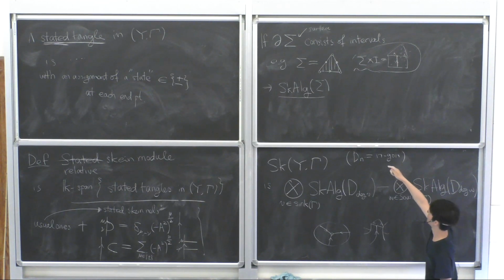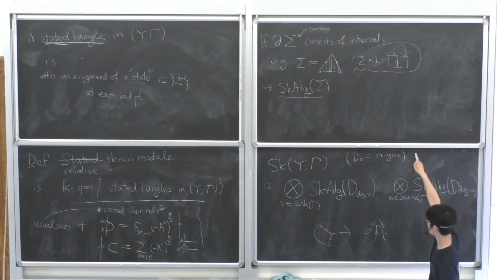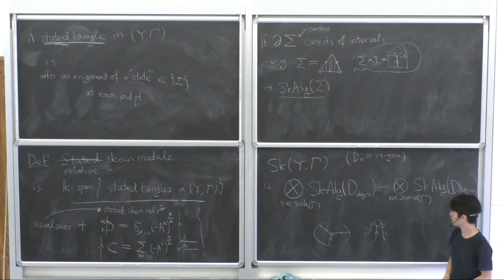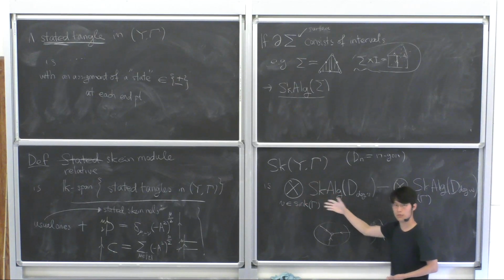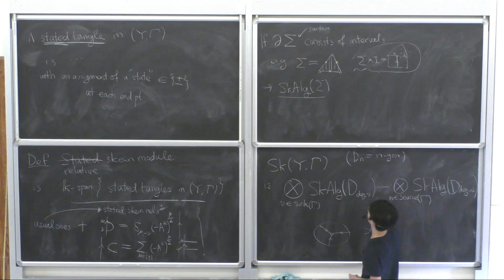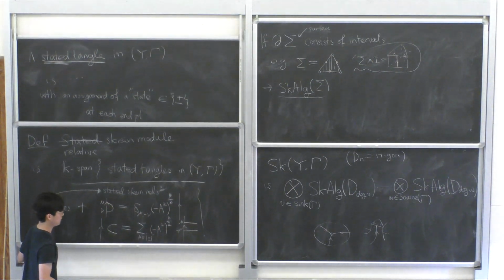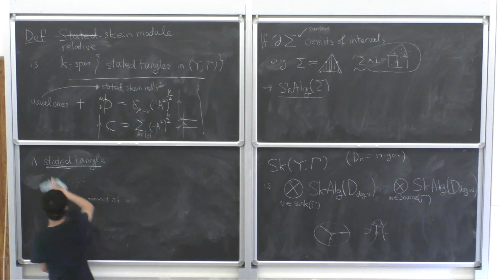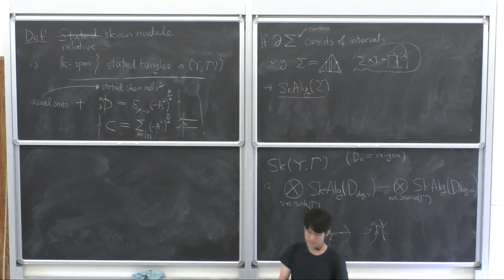Whenever we have an element of a stated Skein algebra of a triangle, we can always stack it on top of this. That produces an action of the Skein algebra. Combining all these, it endows this Skein module with a bimodule structure.